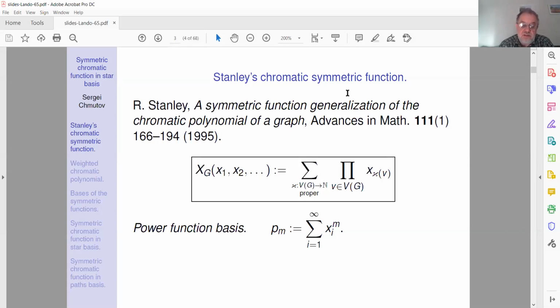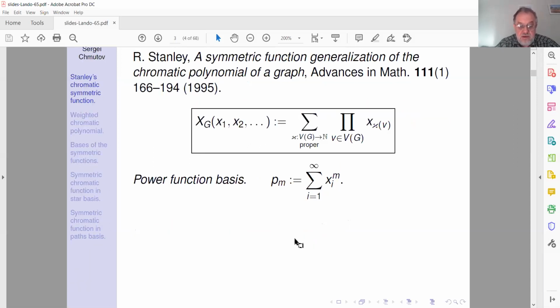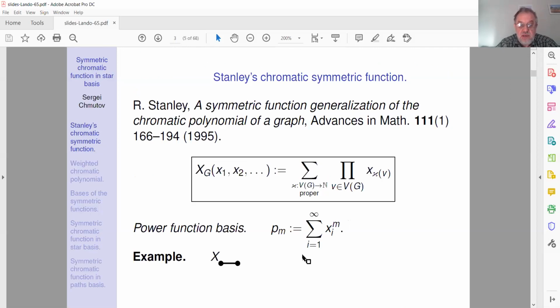I introduce the symmetric function p subscript m as the sum of the m-th powers of all my variables from 1 to infinity. And in terms of that power function basis, let's consider the simplest example, when the graph consists of two vertices connected by an edge.